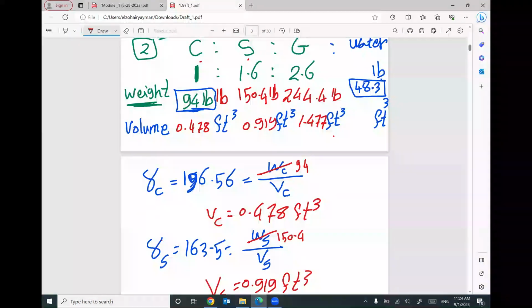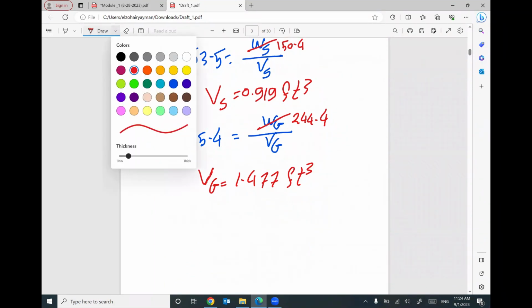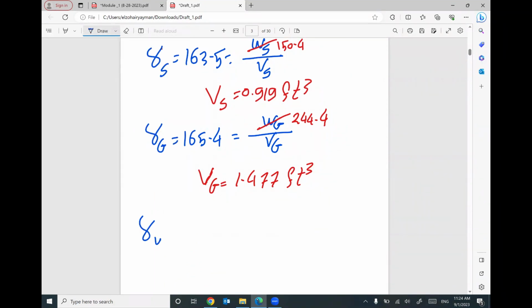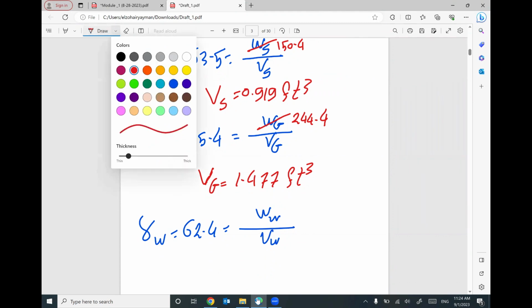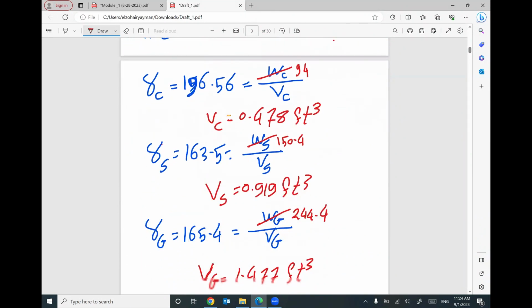We have 48.3 pounds of water. Gamma of water is already known: 62.4 equals weight of water divided by volume of water. I know the weight of water, 48.3.